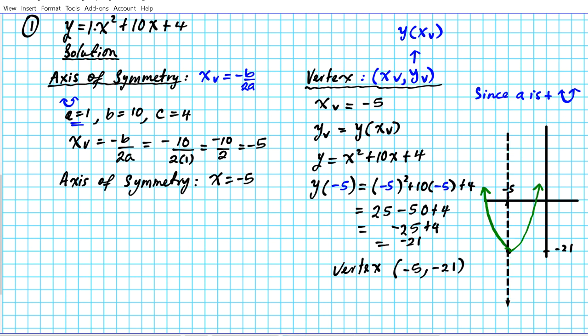All right, so there goes our axis of symmetry right there. So let's label the graph. So this is our vertex, negative 5, negative 21. And this line right here is the axis of symmetry, and it's x equals negative 5.